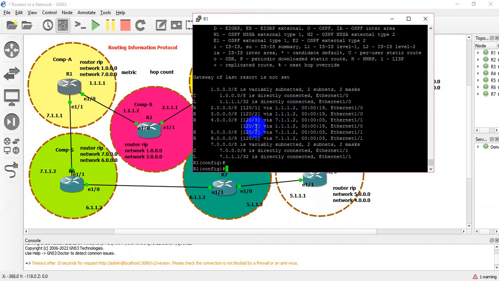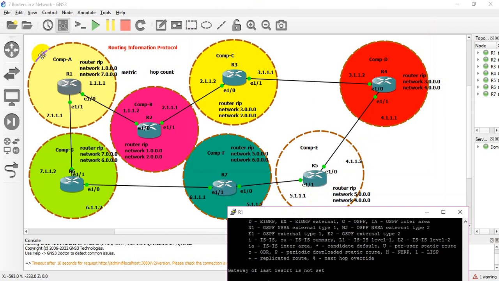But in load balancing, you can check the other way. Also three routers through 1.1.1.2. This one, which is in front of this port, and three routers. How? Between four network and this router, one, two, three. So on both paths, as you can check here, the hop count is the same, the router count is the same. And I told you when the hop count metric is less, that will be selected as the best path.